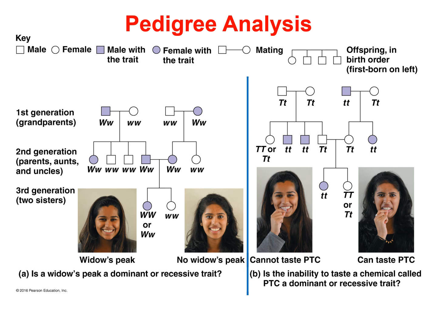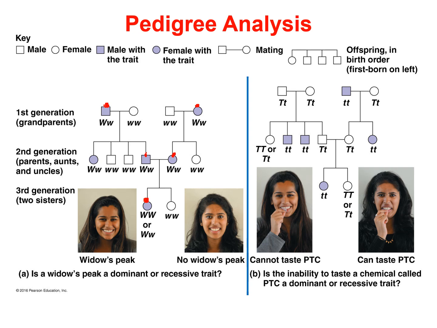So we've got an affected individual here who does have a widow's peak. And then we look at the parents. Both parents have a widow's peak. And then we're going to look at the grandparents. In this set of grandparents, the grandmother has a widow's peak, and in the other set of grandparents, the grandfather has a widow's peak.